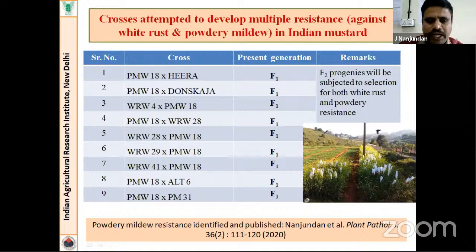For the first time, we identified powdery mildew resistance in Indian Brassica juncea. Using that genetic donor, which has been registered with NBPGR, we are making crosses to combine both white rust and powdery mildew resistance. We are at the F1 stage. In the coming years, we will be selecting for both resistances in the segregating generations.